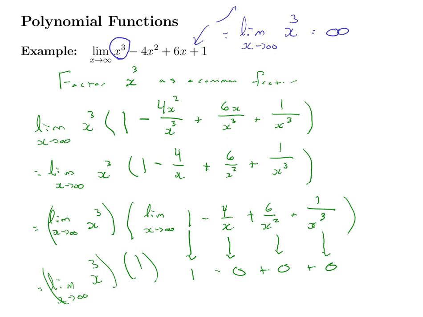Basically, you can think of it like this. When x gets really, really big, that x cubed term gets so big that subtracting 4x squared doesn't actually do anything. This is a lot easier to see if we had some really exaggerated case. Let's just look at this one. The limit as x goes to infinity of x to the 4 minus 1. When x gets really, really big, that x to the 4 term is going to be huge, right?